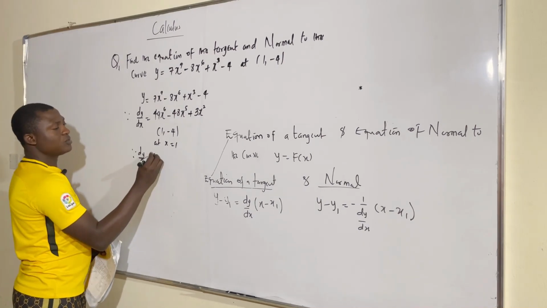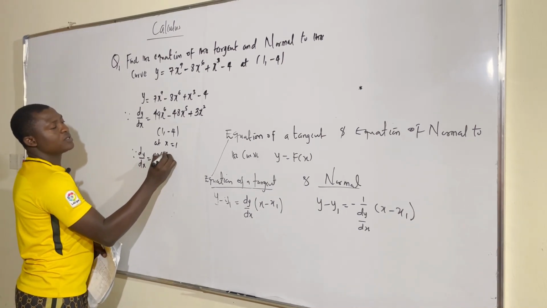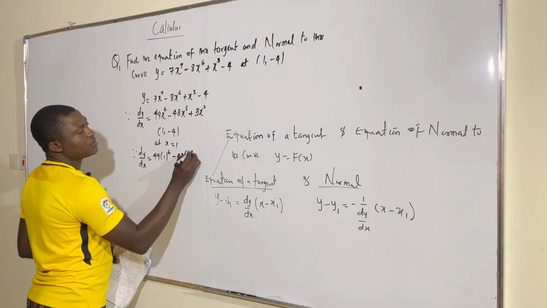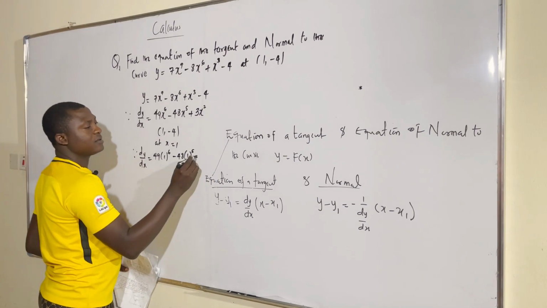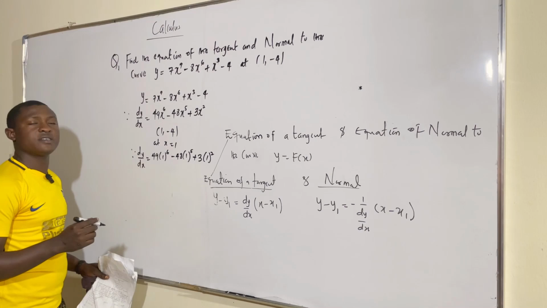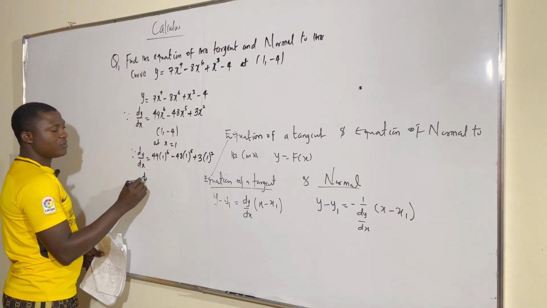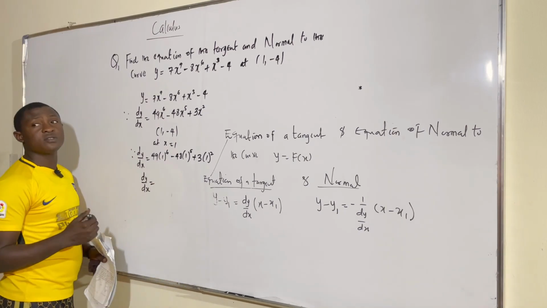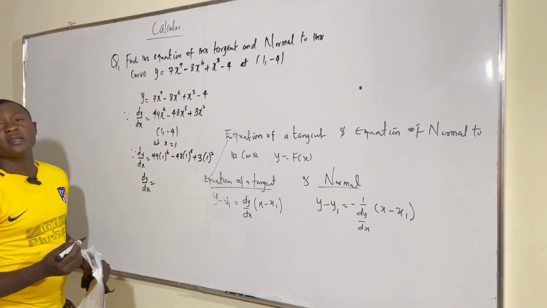So that means we have 49 times 1 raised to the power of 6, minus 48 times 1 raised to the power of 5, plus 3 times 1 raised to the power of 2. We are just substituting the value of x to be equal to 1. 1 raised to the power of 6 is nothing but 1, even if we multiply a million times.